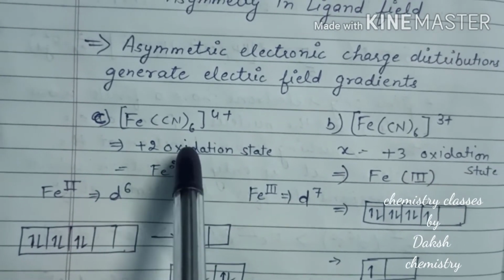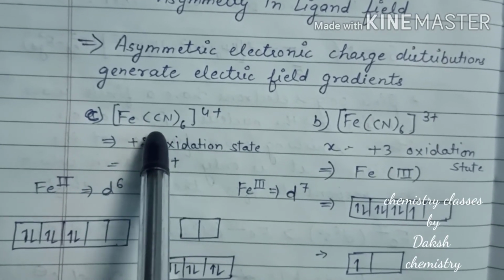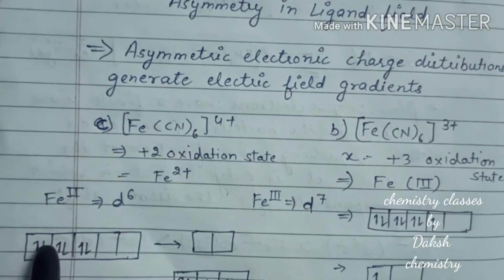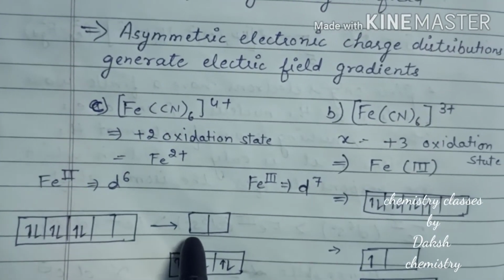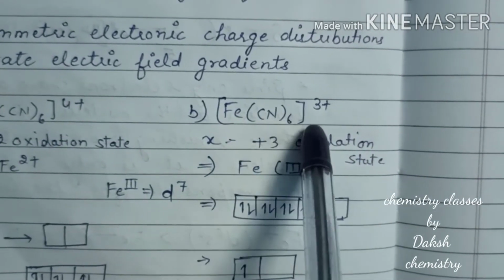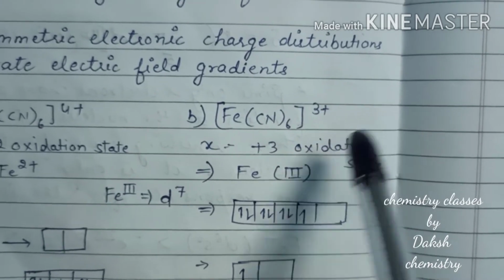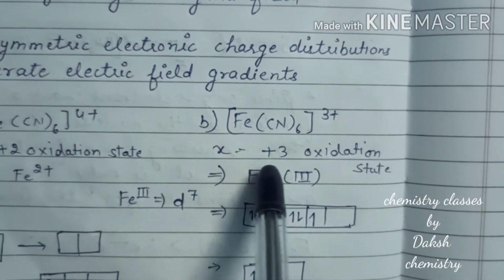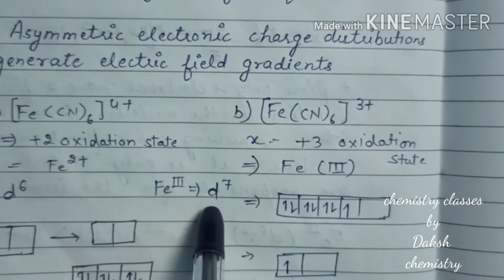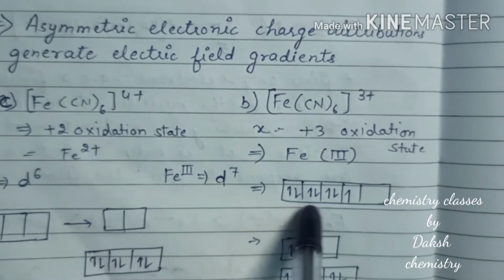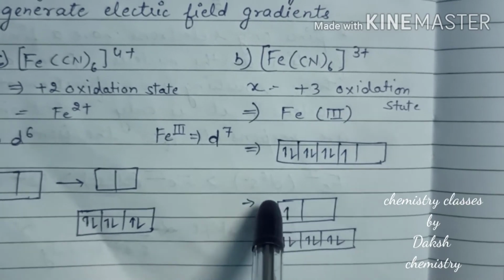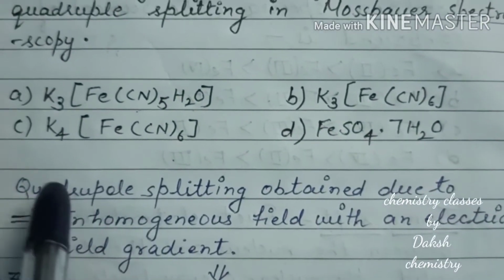CN- is a strong field ligand, so due to this strong field ligand these electrons pair up and give a symmetrical electronic arrangement. But in [Fe(CN)6] 3-, iron is present in the +3 oxidation state, and 7 electrons are present in the d orbital. So an asymmetrical electronic arrangement is present. So our correct option is option C.